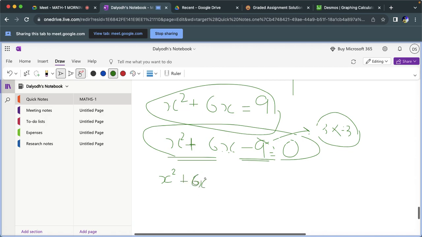Everybody knows the formula for a plus b whole square, right? Just tell me, somebody, please. Here we have to use that formula, or the a minus b whole square formula. The a plus b square formula is a square plus 2ab plus b square, right? This is the formula.